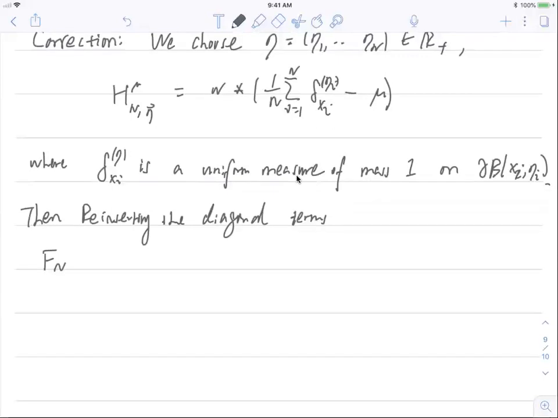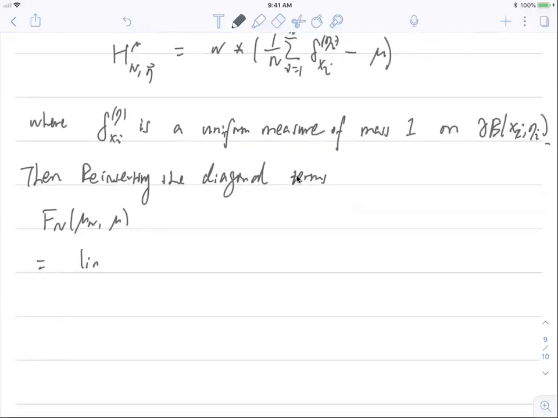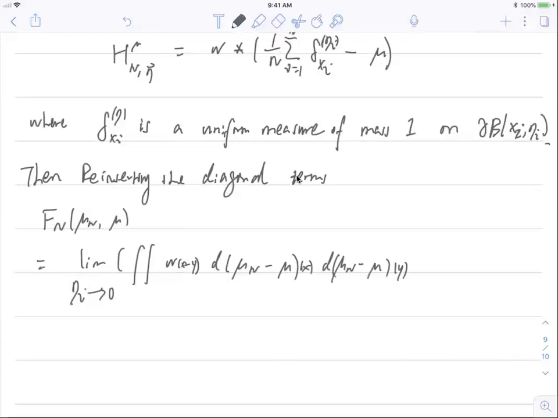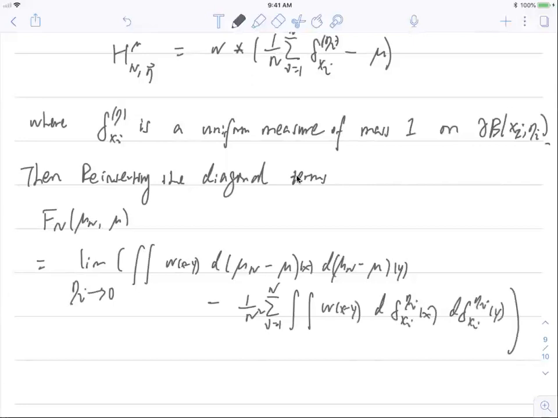Then this Fn, of mu n minus mu, will become this: mu n minus mu x and y, then take the difference, n squared g of x minus y, with the regularized Dirac delta xi eta I x and delta xi eta I y.